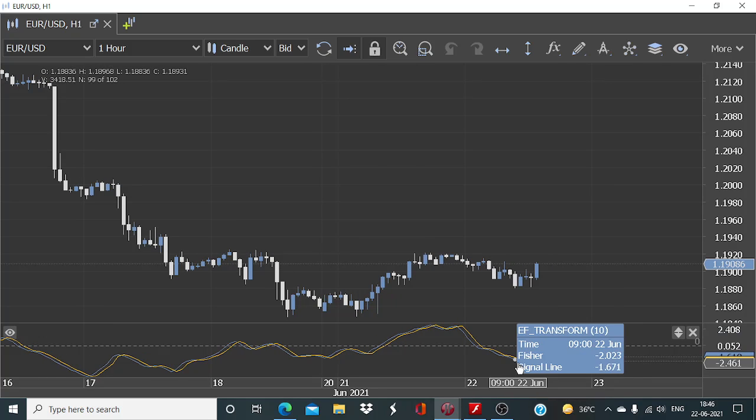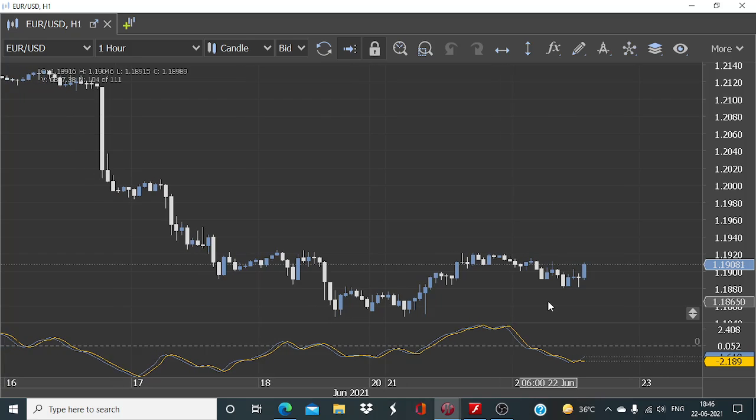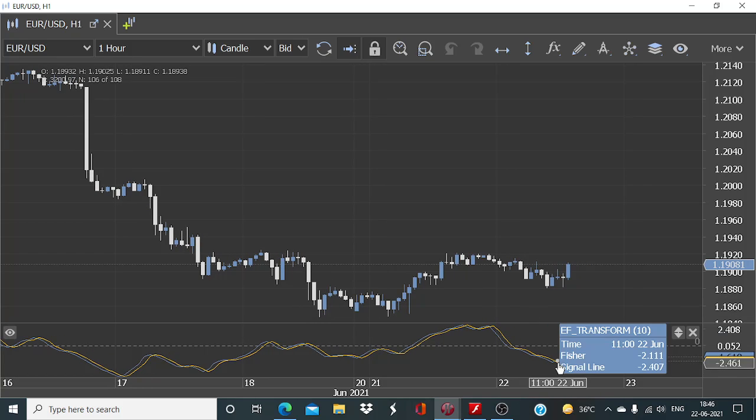And along with this crossover structure, we are also relying on other factors, which include that the Fisher line as well as the signal line should both be below 0, and also this value should be below the value from 10 hours back.